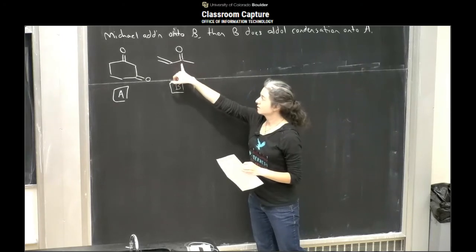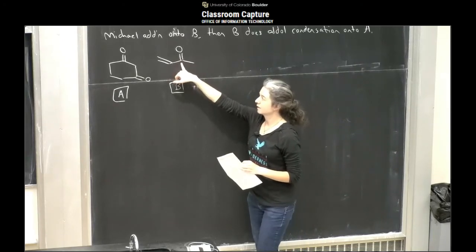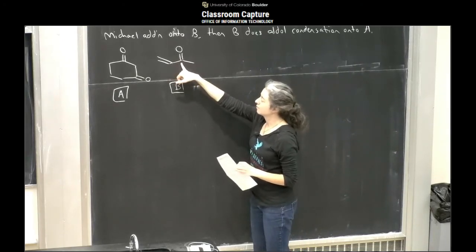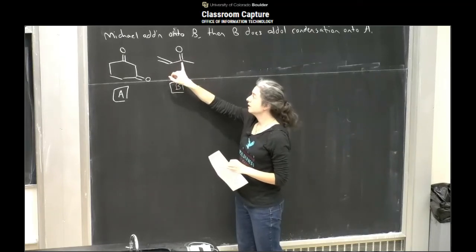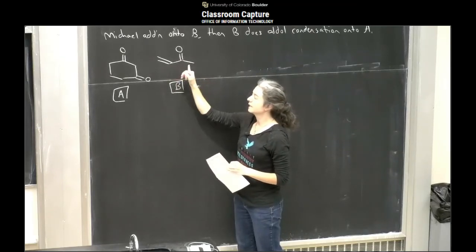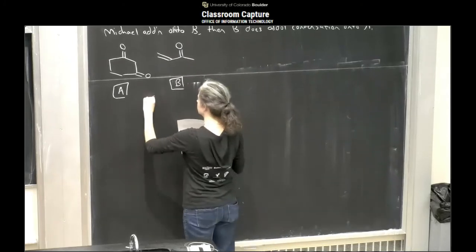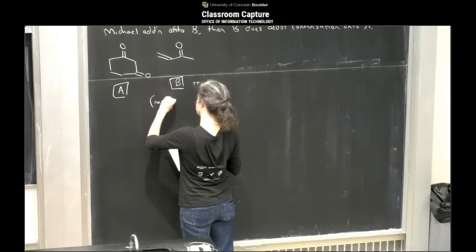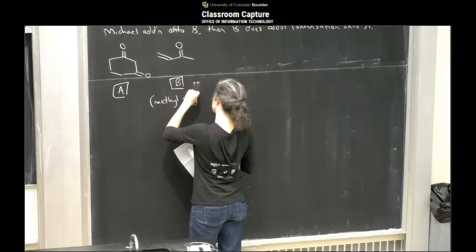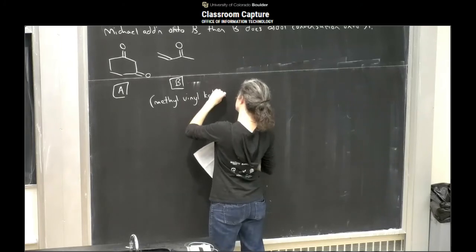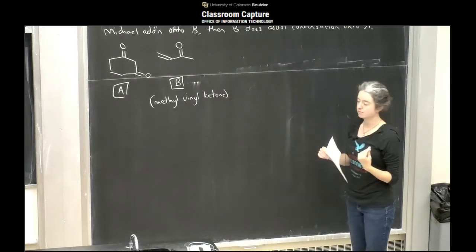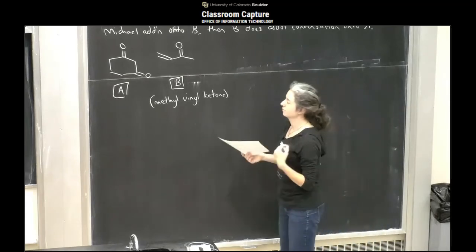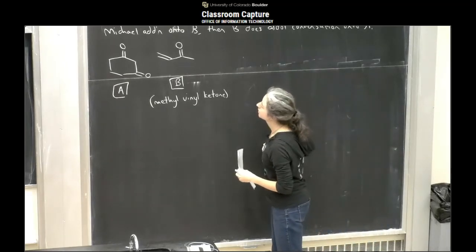The name of this thing will often be given in the non-IUPAC common naming system. So this one is methyl vinyl ketone. So it's kind of the bare minimum of what you need on B for this to work. You can have other groups on there too, of course, though.